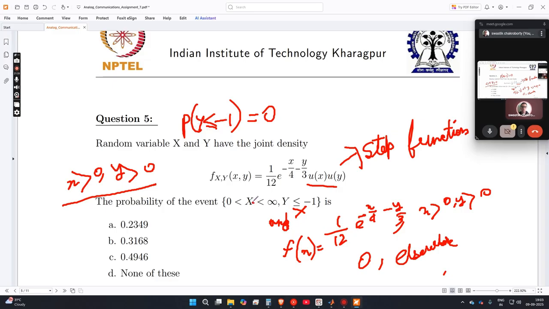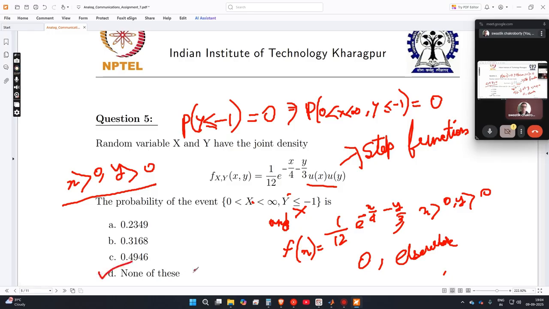So x has to be positive and y has to be negative for this event to hold. But this is not holding. So this entire event is not holding, which implies the probability is 0. So the correct answer is 0.